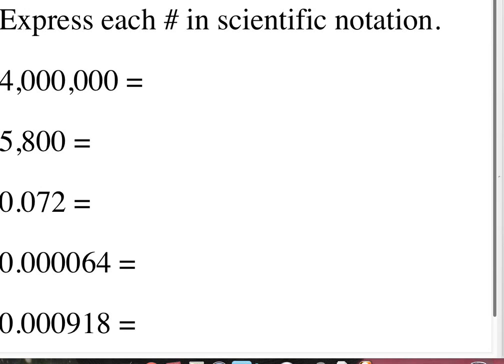I don't see one. Well, it's hiding right there, right? It's hiding always to the right of the number. If you don't see the decimal, it's at the far right of the number. Do you know where it needs to be for good scientific notation? It needs to be all the way over between the 4 and the 0. Actually, it needs to be where that comma is. So I'm going to kind of squeeze it in. That's where it needs to be.